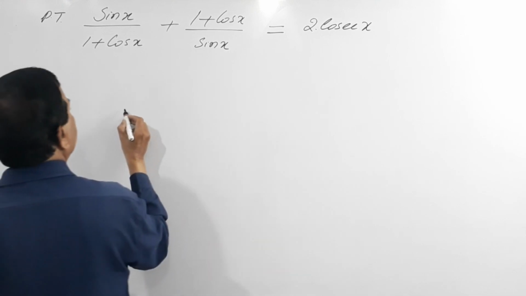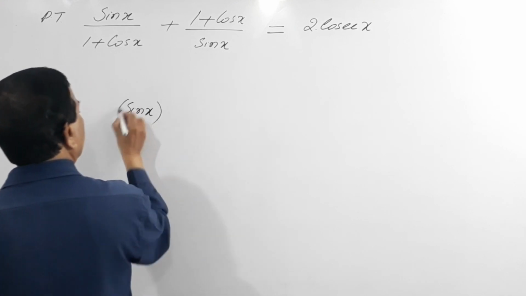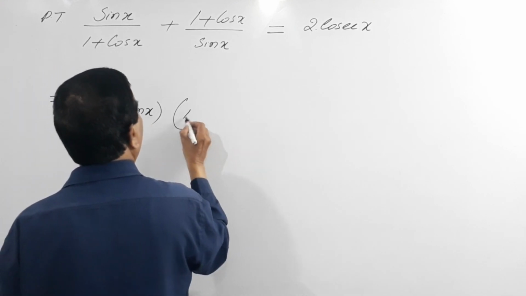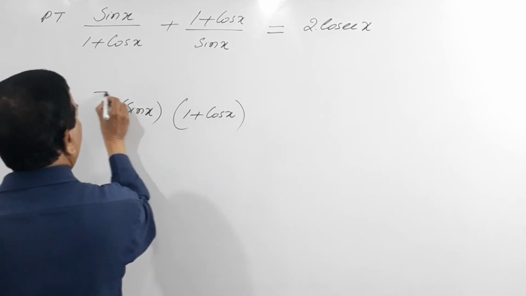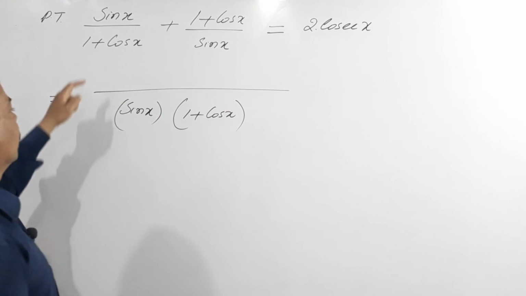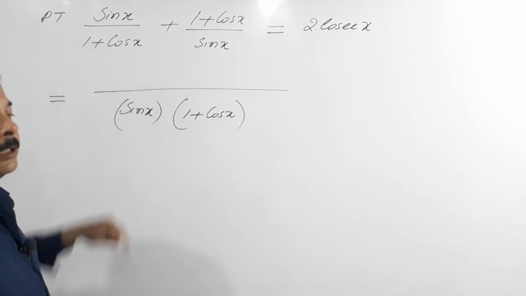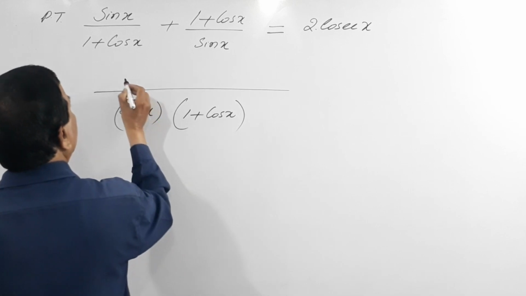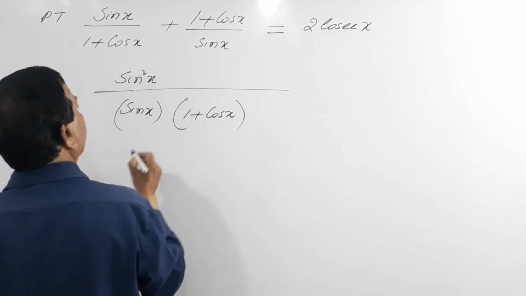That is, LCM is sin x into 1 plus cos x. So 1 plus cos x, 1 plus cos x goes, we have sin x. Sin x into sin x becomes sin square x.